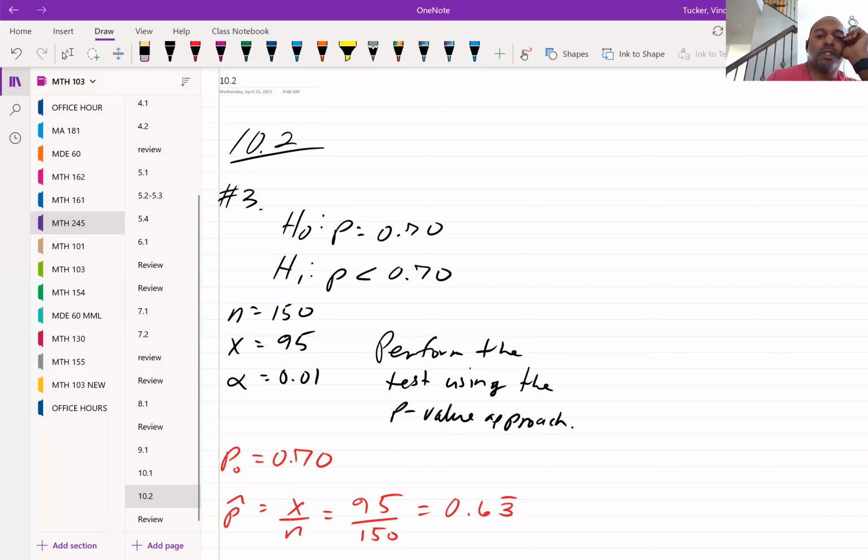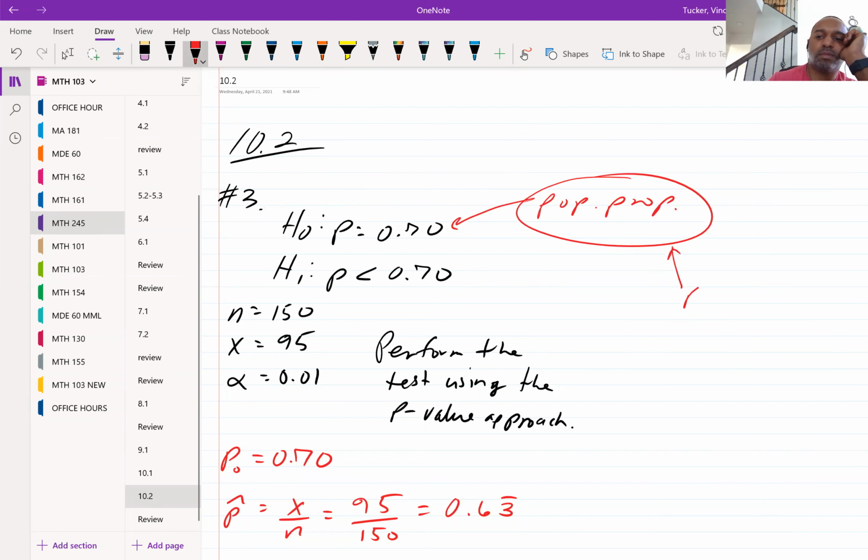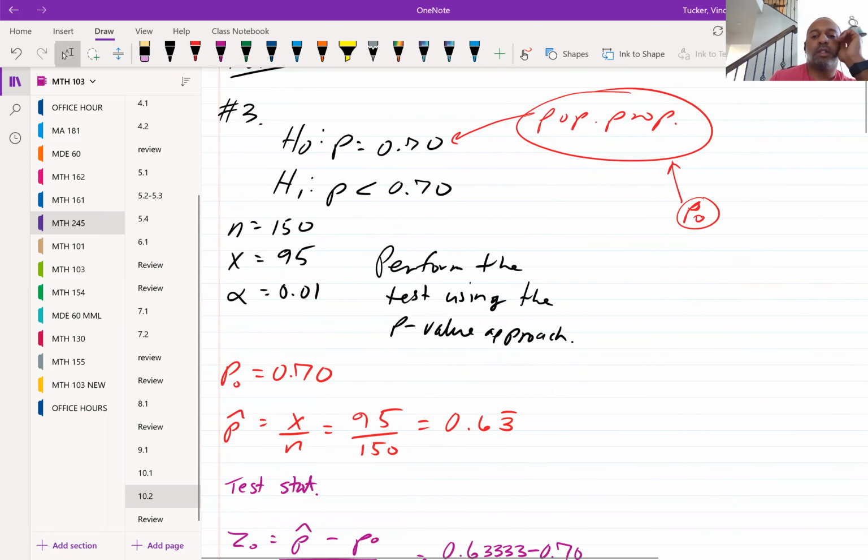When you look at your hypothesis testing, this number right here is P naught, your population proportion. That's why I have that right there: 0.7.